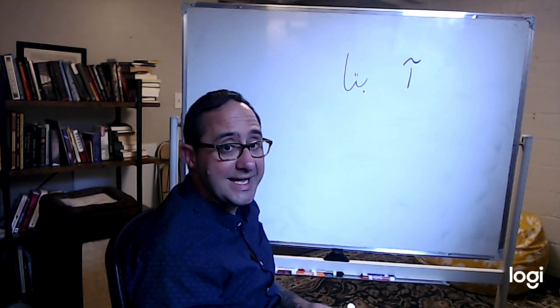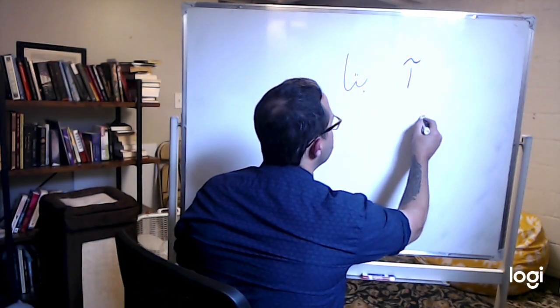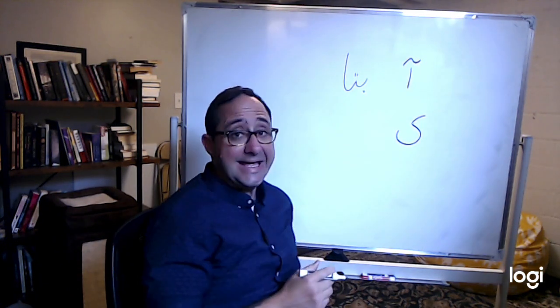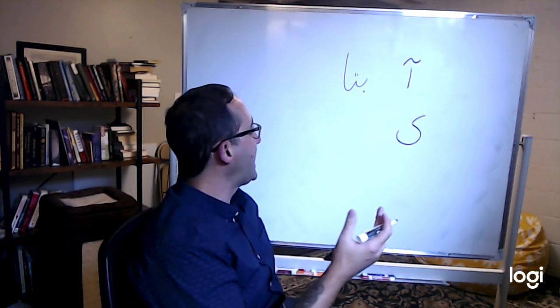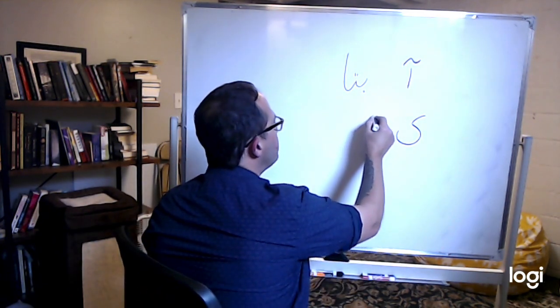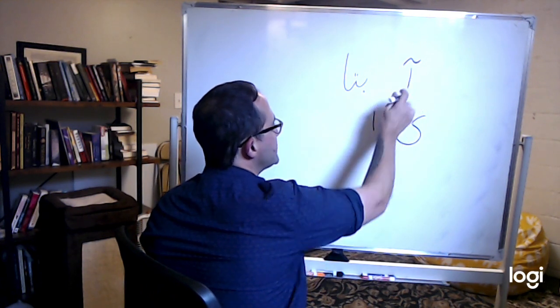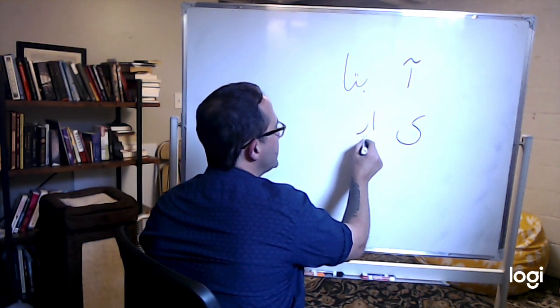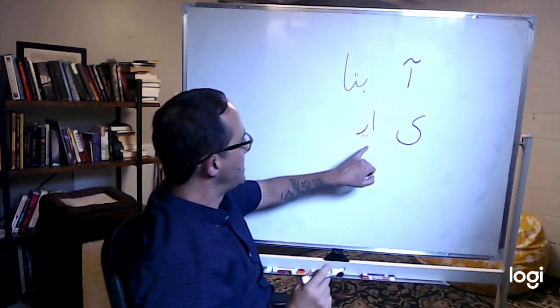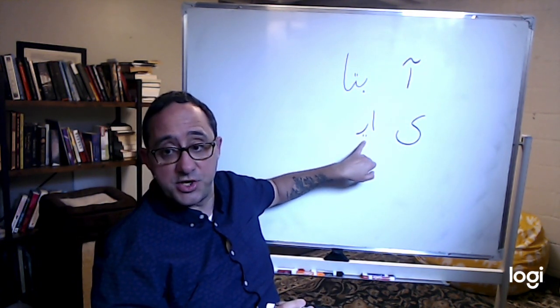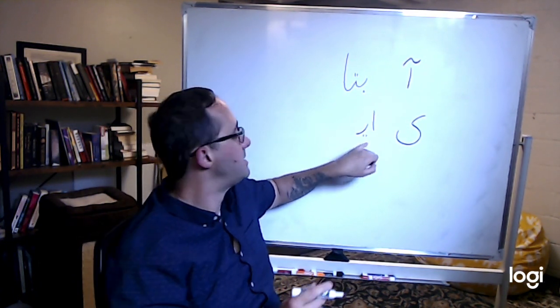So let's take ye, for instance. This is ye. Okay? At the beginning of the word, it's still going to have this mark, and then it's going to have this, two dots at the bottom, which is going to be a ya.